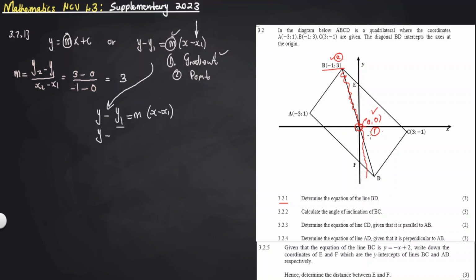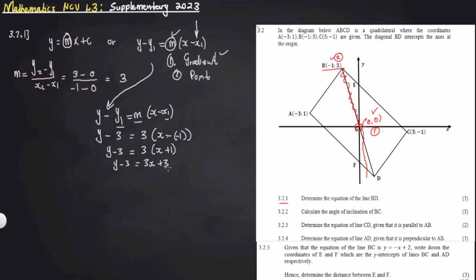The easiest path would actually be to use the origin, but for this discussion, let us use B. So y1 is going to be 3, the gradient is 3, x minus x1, which is minus 1. y - 3 = 3(x + 1), since negative times negative is a plus. y - 3 = 3x + 3.